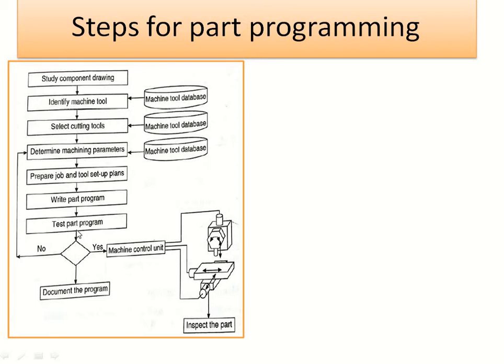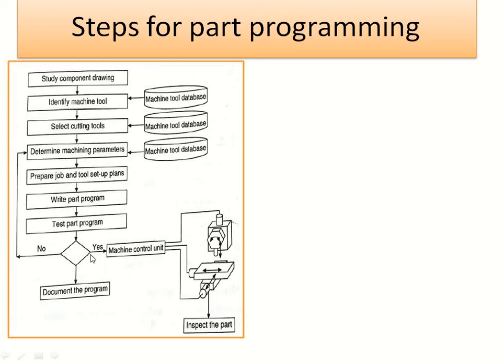We can test that part program. If it is correct, then we can use it in the machine control. If it is not okay, then we go back to determining the machining parameters. Then we document the program.